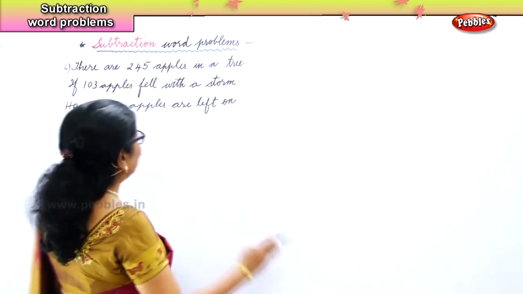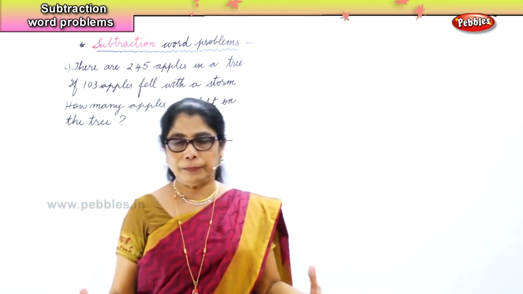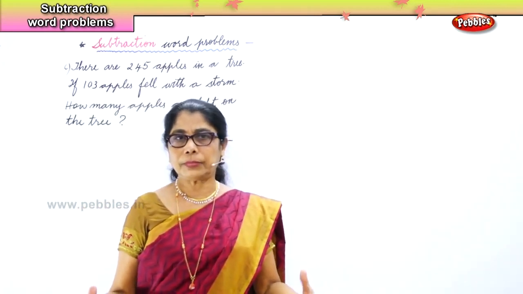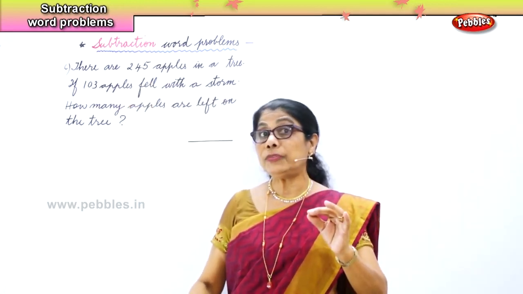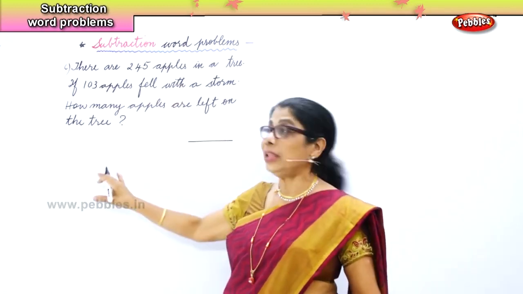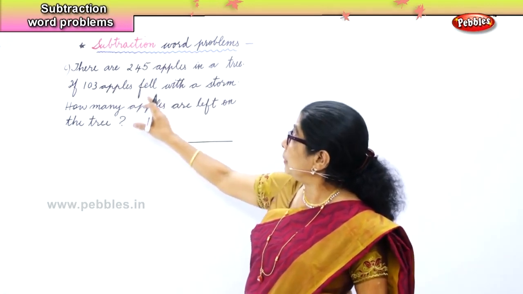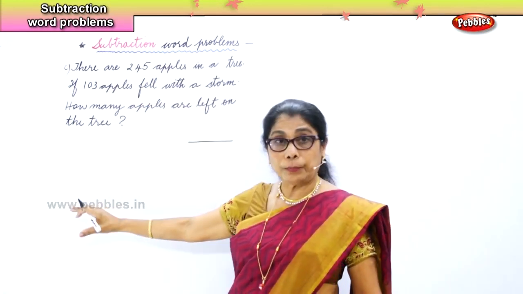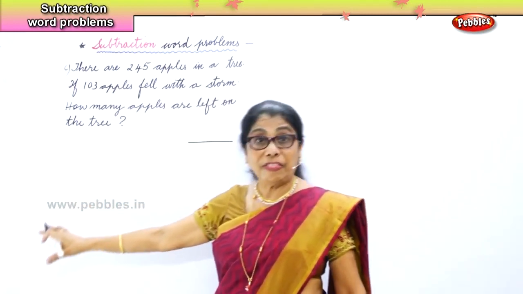Now, what is the first thing that we need to remember? First, learn to frame. First, what is this? Total, what will you write? Total number of apples in a tree, 245. Number of apples that fell with a storm. What is the question asked? How many are left on the tree?